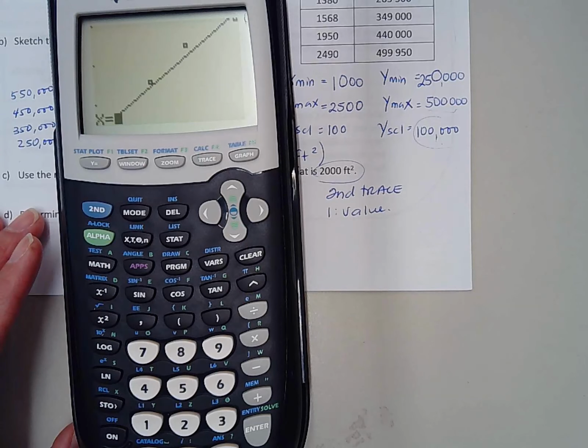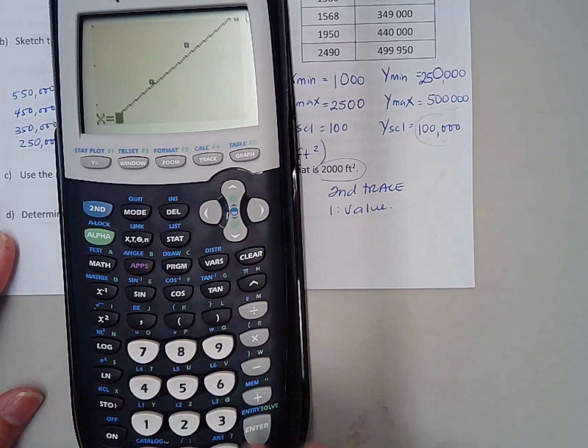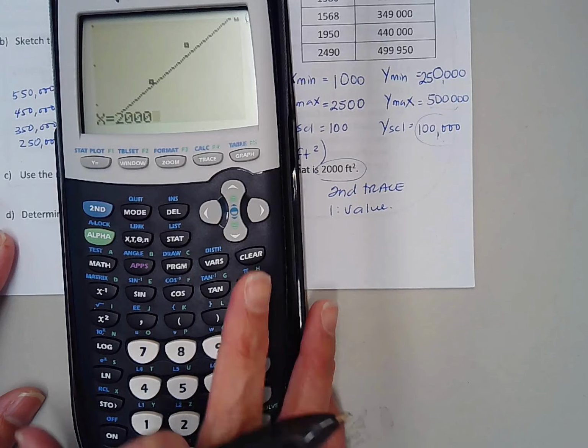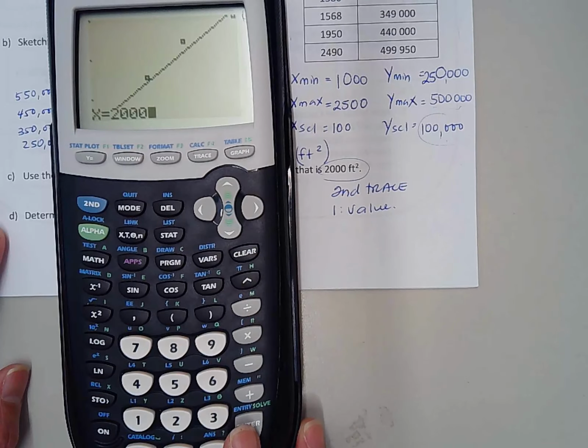It went back to the graph, and you have this x equals, waiting for you to enter something. What do you think you're gonna enter? 2,000 square feet. Okay, press enter.